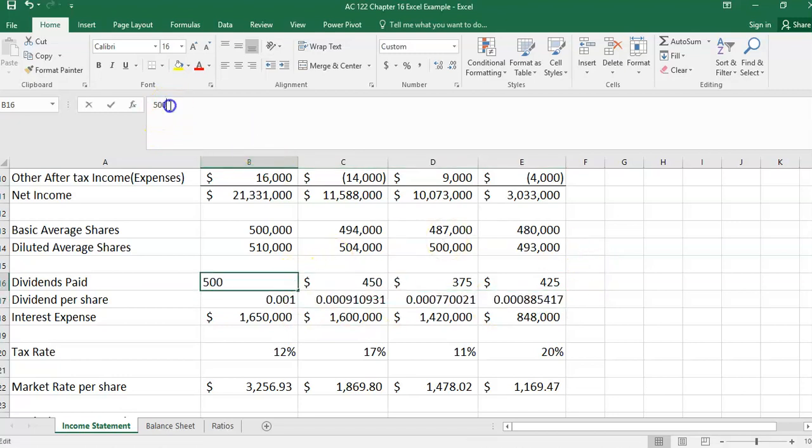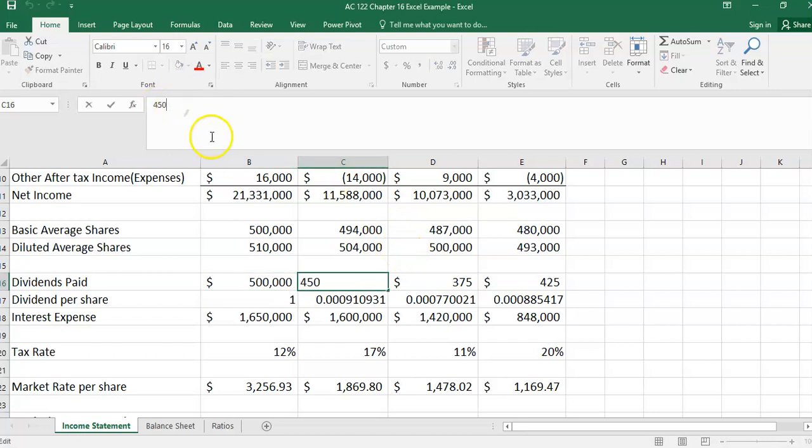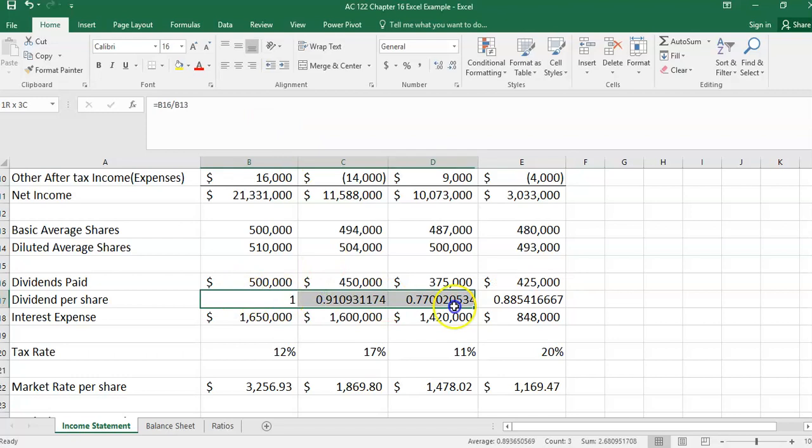I'm actually going to put zeros on this. So now we have dividends per share for each year.